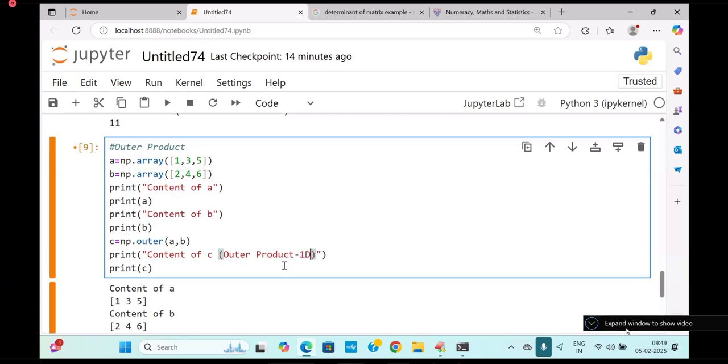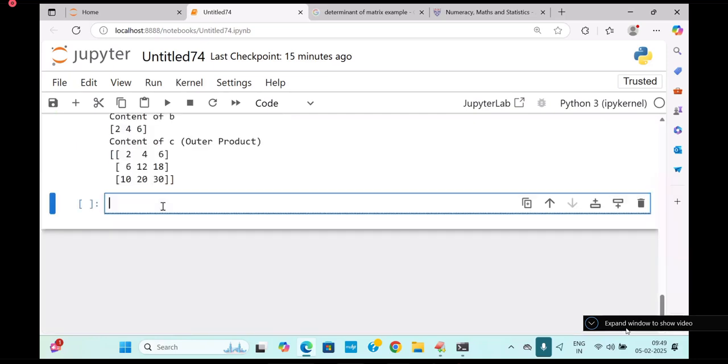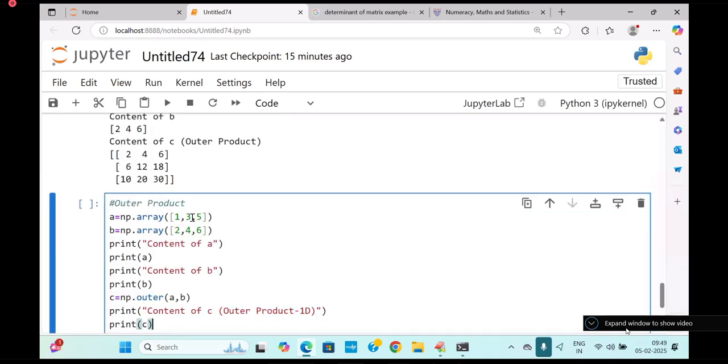If I take outer product for 2D, you try to take a small one. 1, 3, 5, and then 2, dot reshape of 2 comma 2.